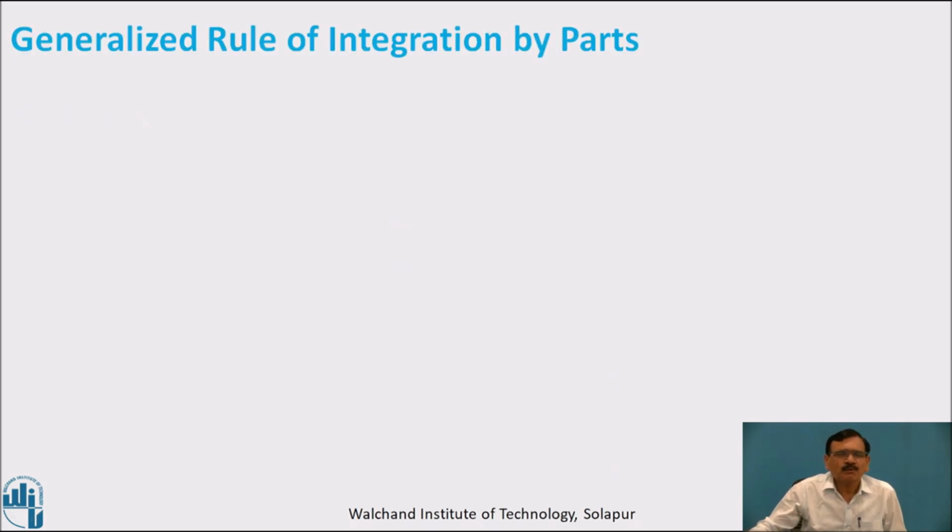Now, before finding the Laplace transform of the given function, first we will see a very important rule called the generalized rule of integration by parts. Frequently, we have to make use of this rule when finding the Laplace transform.